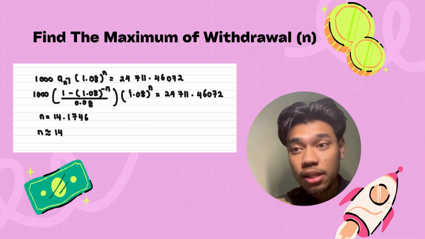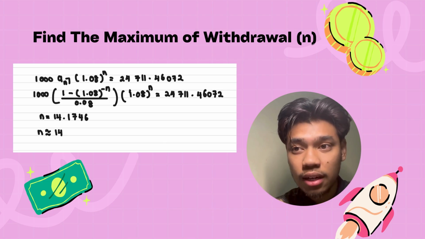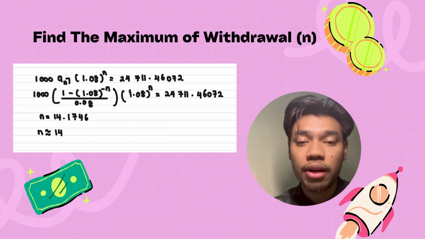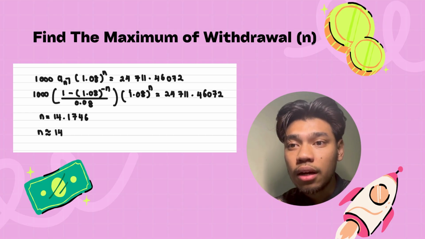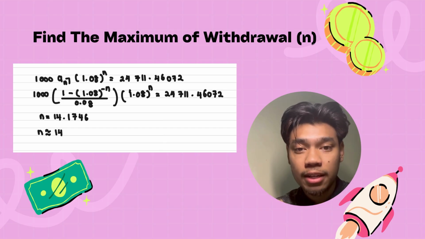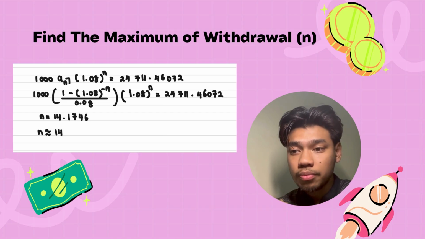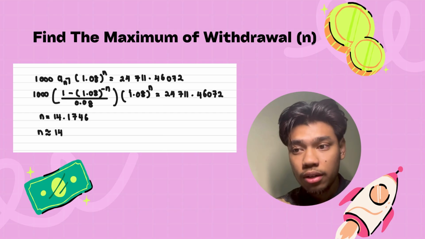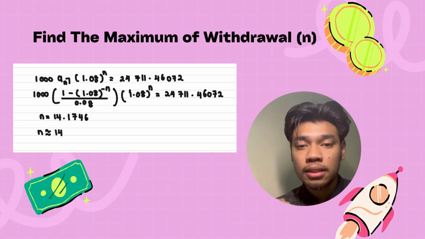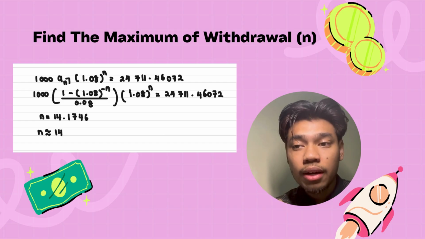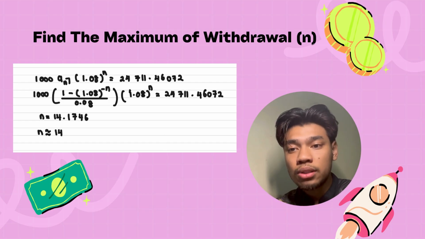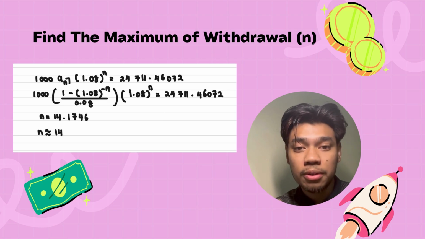Alright, after we get FV equals 24,711, next we need to find the maximum number of withdrawals of $1,000 that can be made at the end of years, under the condition that once withdrawals start, they must continue through the end of the 20-year period. So here the keyword is that the payment is made at the end of years, so it is an annuity immediate. Here I use the formula 1,000 a_n times 1.08^n equals our future value.